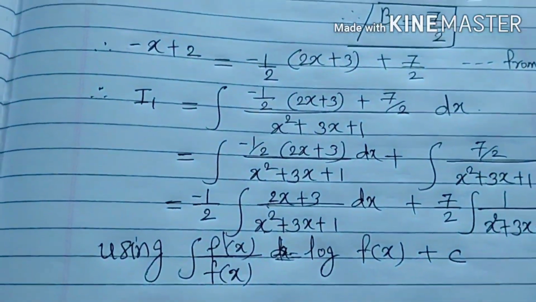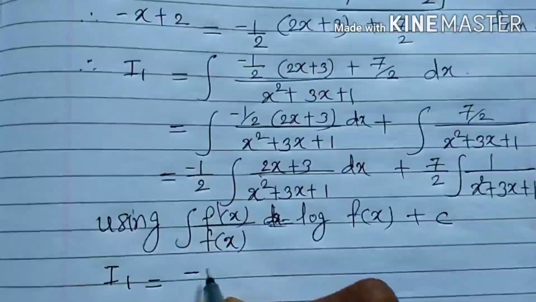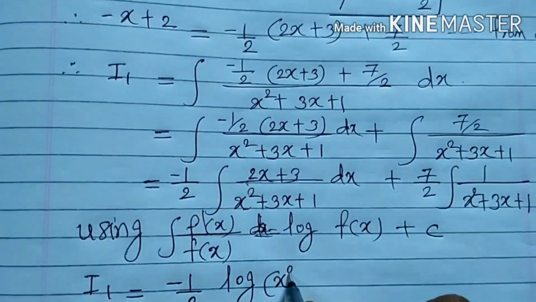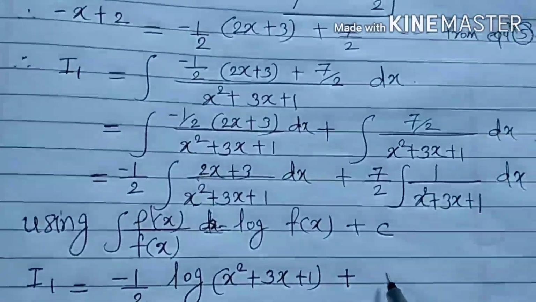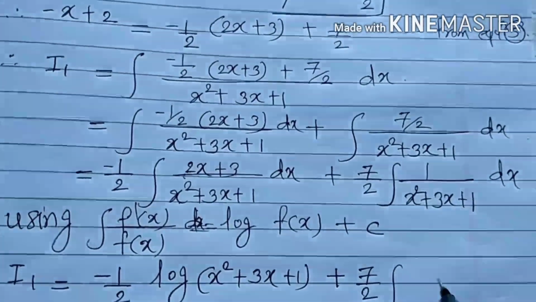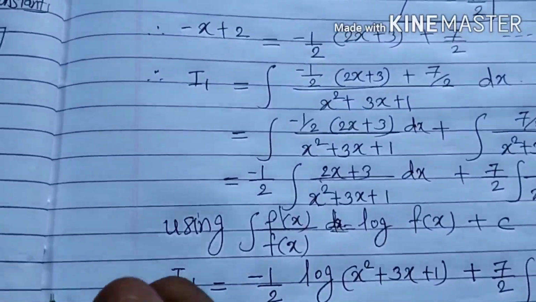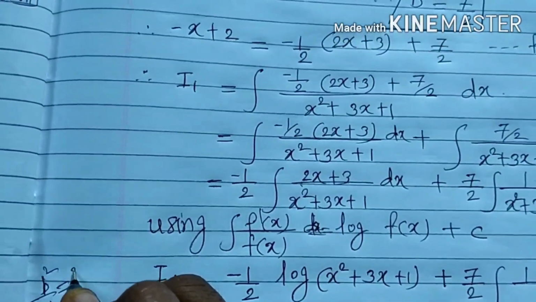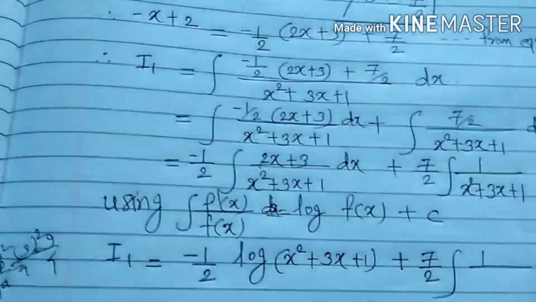So using this you can write I1 is equal to minus 1 by 2 log of x square plus 3x plus 1 plus 7 by 2, and here you have to adjust, this is a quadratic, so you have to add and subtract b square upon 4a. Here b square upon 4a is 3 square upon 4, so it is 9 by 4.